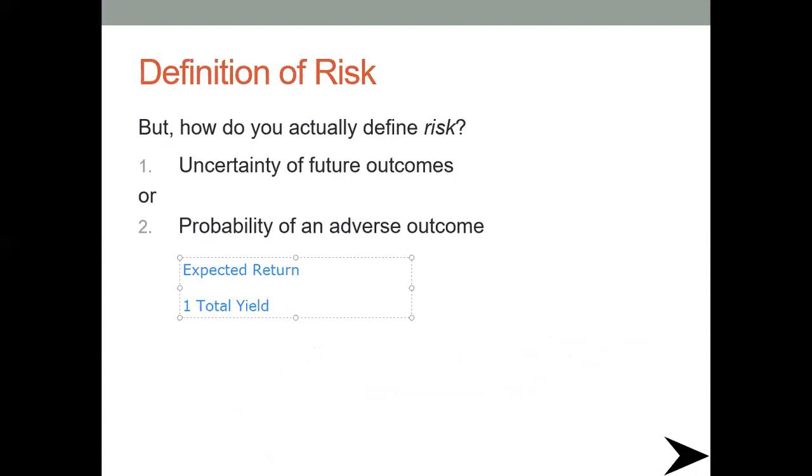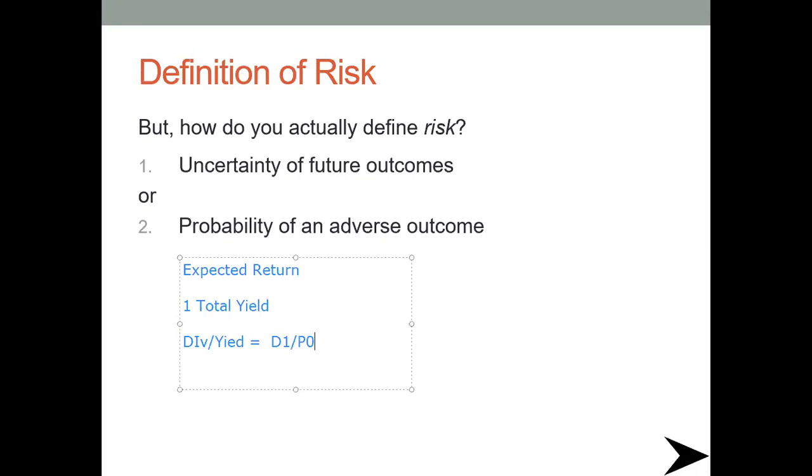Now this total yield is a combination of current yield, or you can also call it dividend yield. That dividend yield means D1 divided by current price.